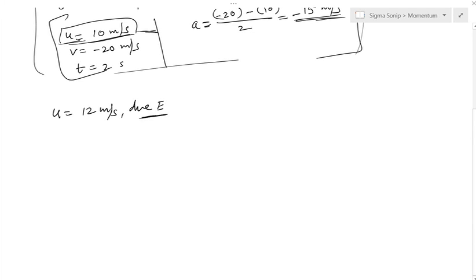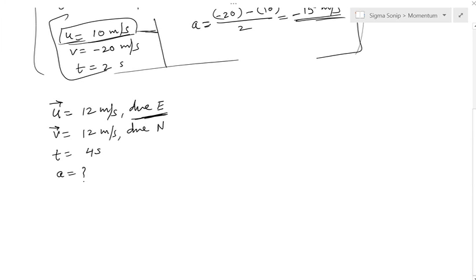This is my due east, and because I mentioned the direction, I can state that this is a vector. And say my final velocity is also 12 meter per second, but in a direction due north, and the time that it took is 4 seconds.